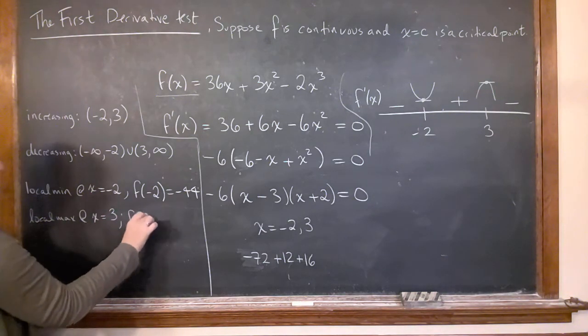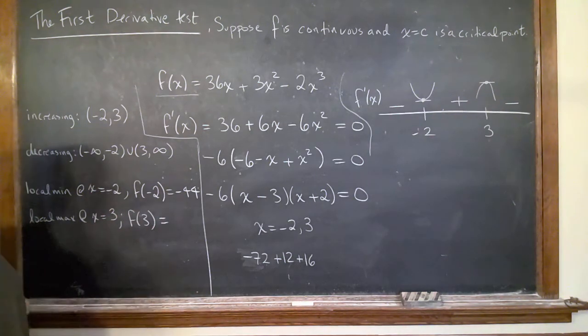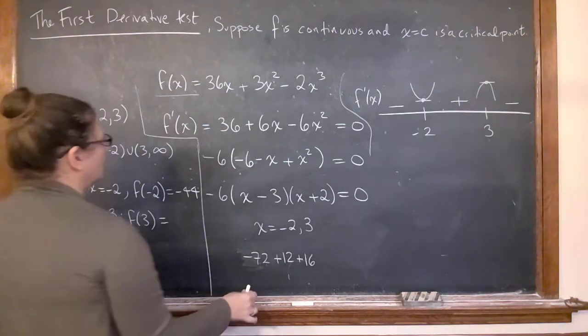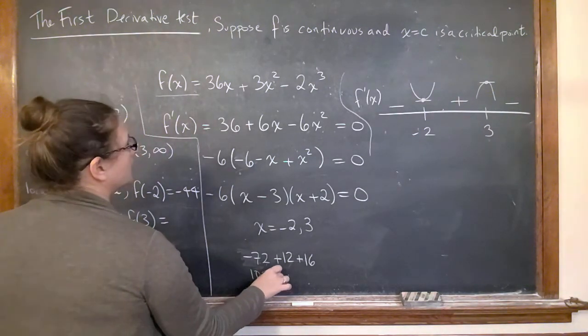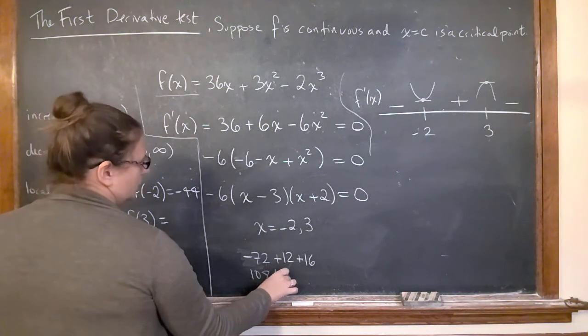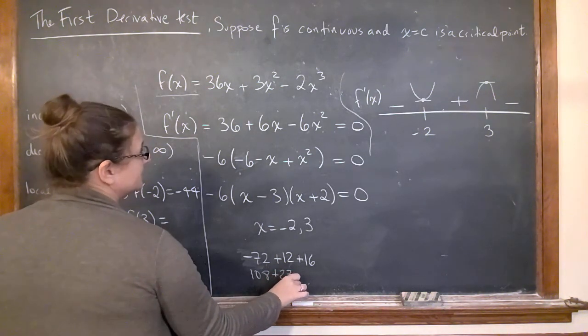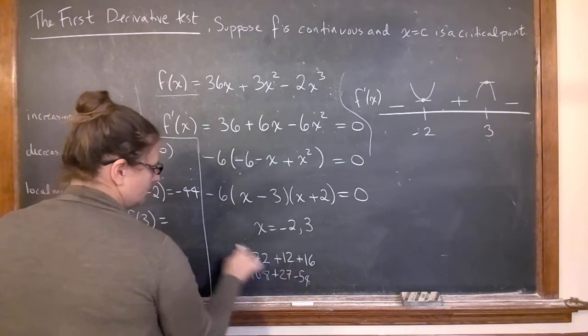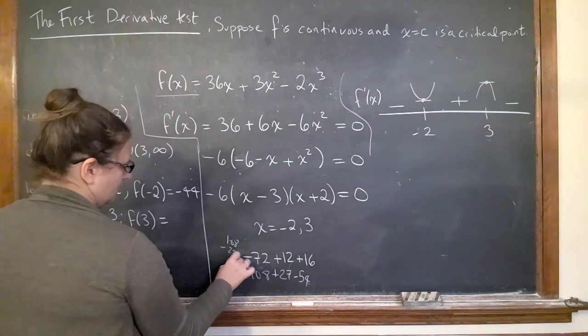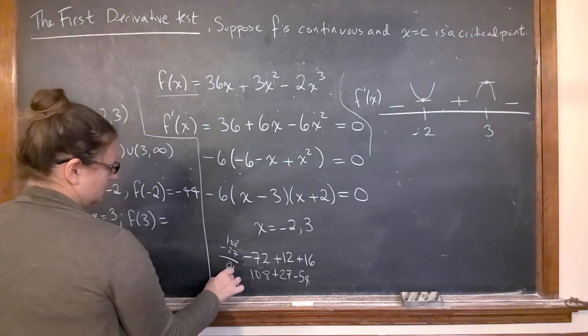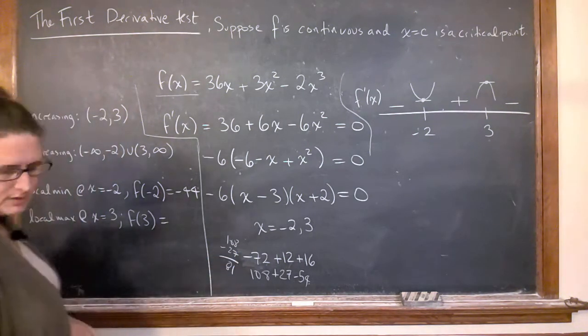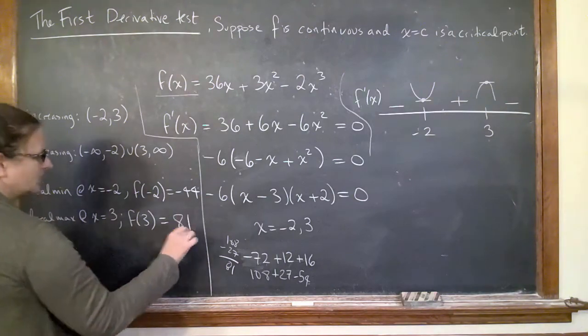The value of the maximum is going to be 36 times 3, which is 108, minus 27, which is 81. Yes, 81 is going to be my maximum.